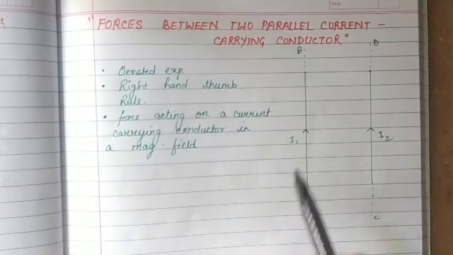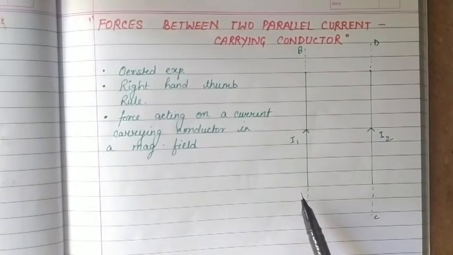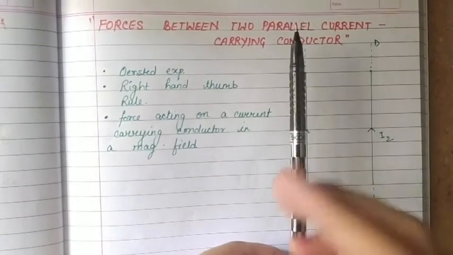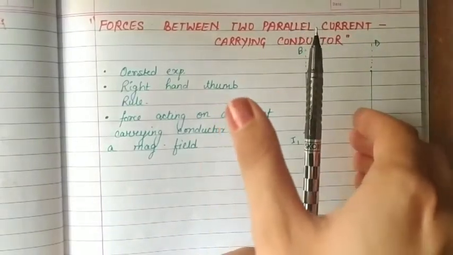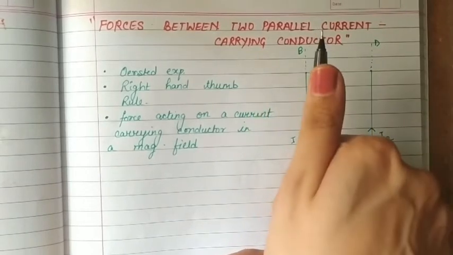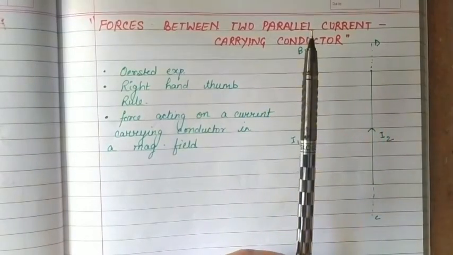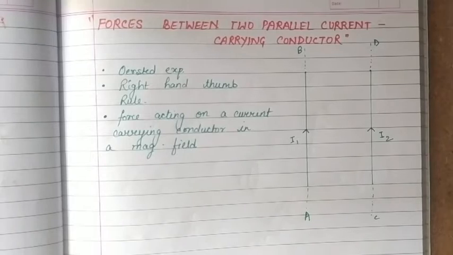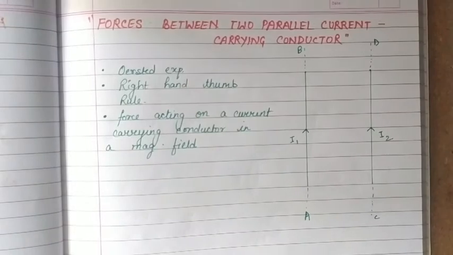Okay, so because of this conductor, the magnetic field B1 is set up around the region, and at the right side of the conductor, the direction of magnetic field is going into the plane of paper. If you hold this pen like this conductor, then it will be going into the plane of paper. So the field B1 acts perpendicular to the wire CD and points into the plane of paper.